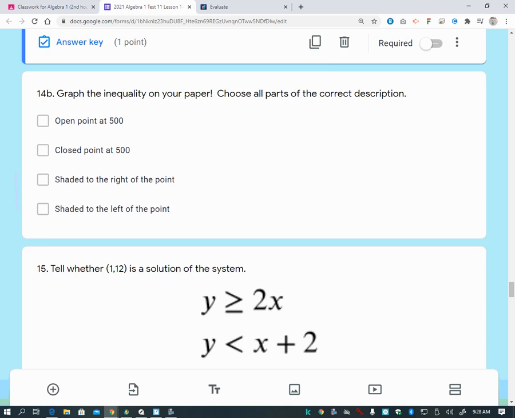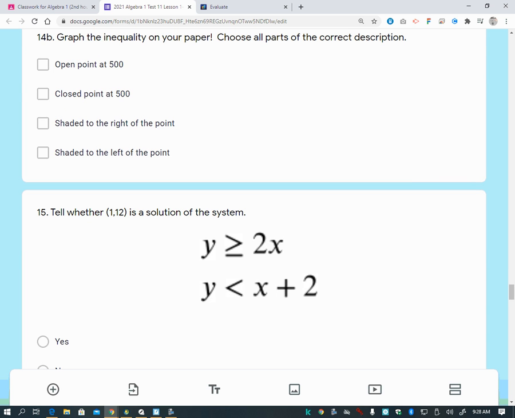Okay. All right. 14b, graph the inequality on your paper. Choose all parts of the correct description. What should I do first if I want to graph this? I want to graph n is greater than or equal to 500. How do I do that? Make a number line. Let's start.